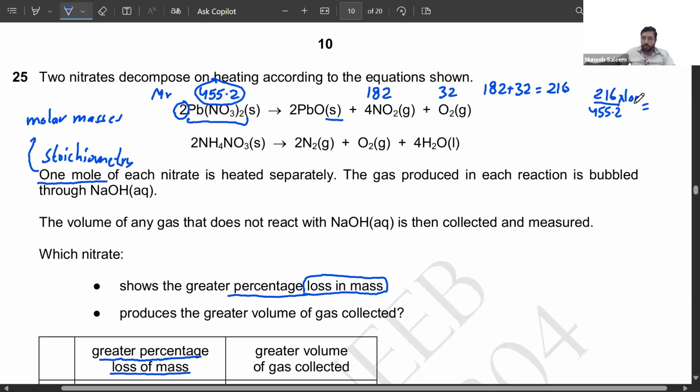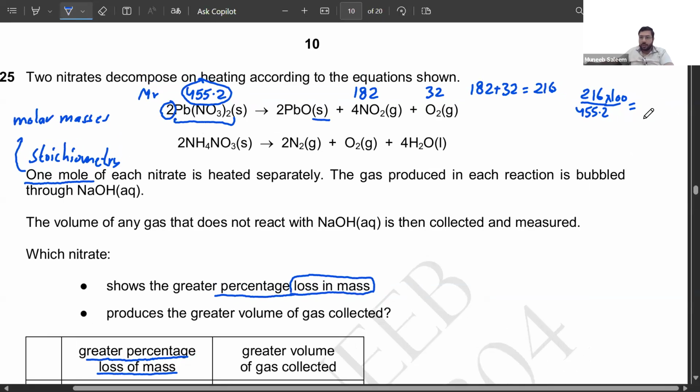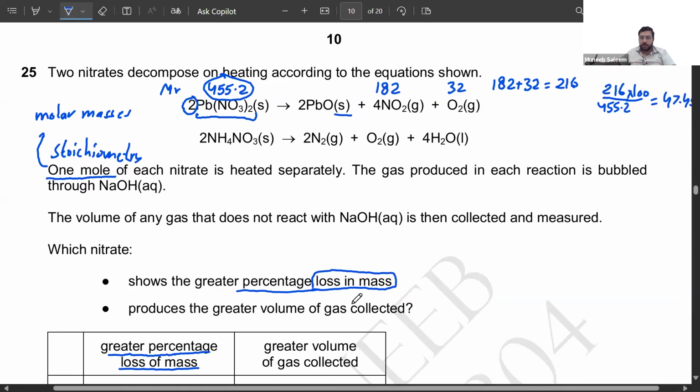Now this will give me an answer of 47.45%. The answer is 47.45%. Now that's the percentage loss in mass.